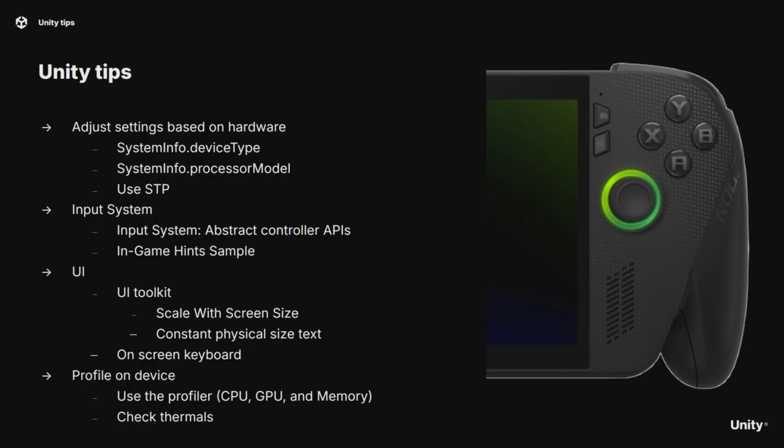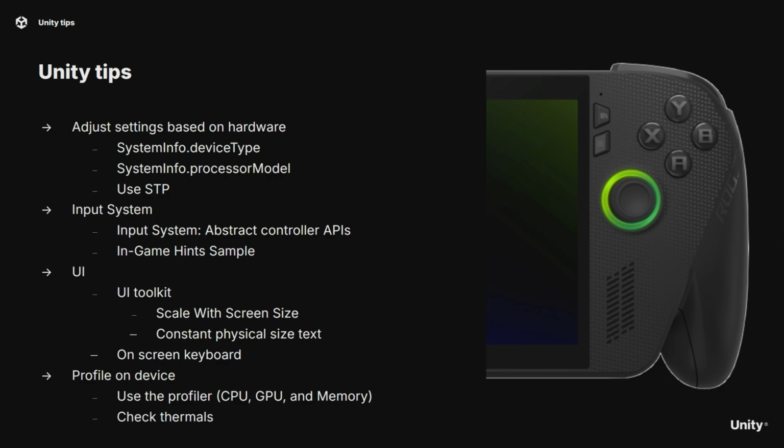I also found out that processor model will actually return to you the chipset that's being used. If it's the Z2A, which is the more power-constrained model, then you can adjust your settings that way. If it's the Z2 Extreme chipset, then you can adjust your settings automatically that way.